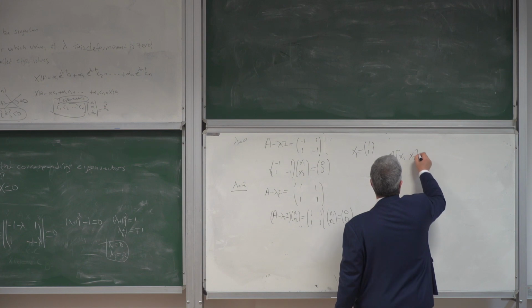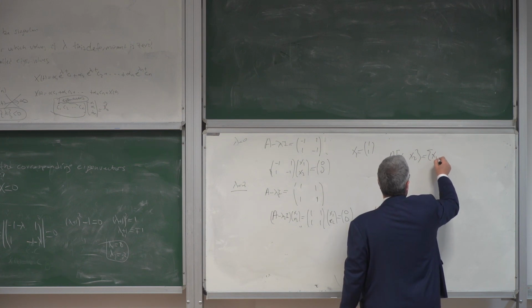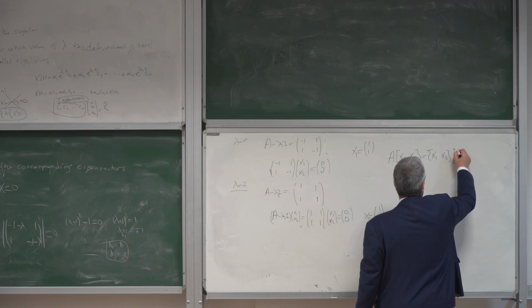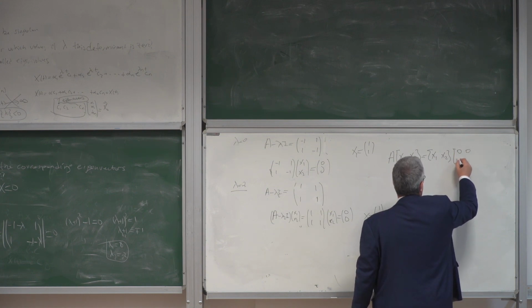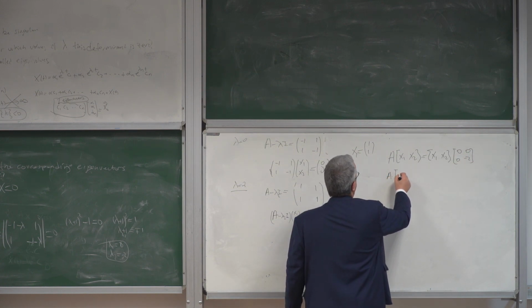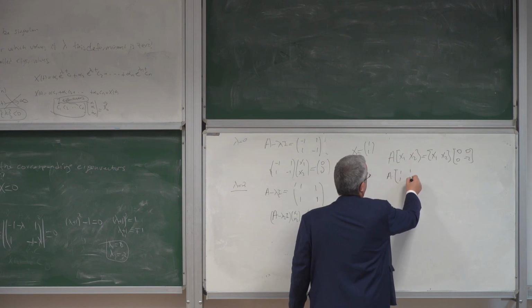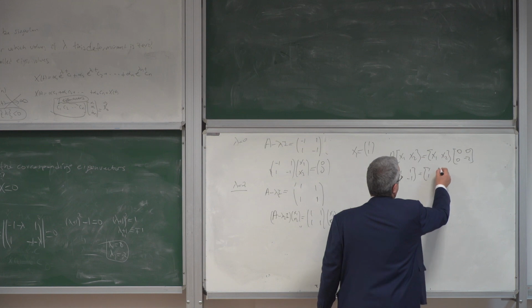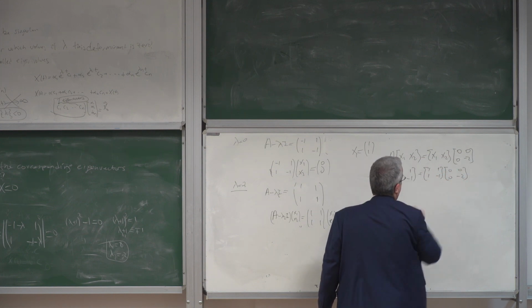Then A times the matrix of x1, x2 is equal to the matrix of x1, x2 times the diagonal matrix with lambda 1 equal to 0 and lambda 2 equal to minus 2, right?